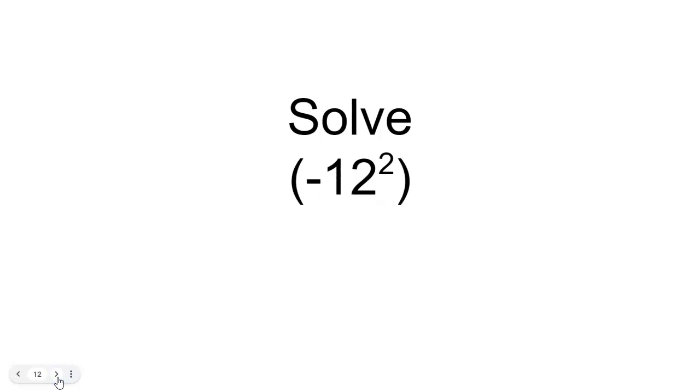Here's one more: -12 squared. That's -12 times -12. You can look at your chart, do it in your brain, or use a calculator. It's 144. So notice, no matter if my base is positive or negative, my answer is always going to be positive.